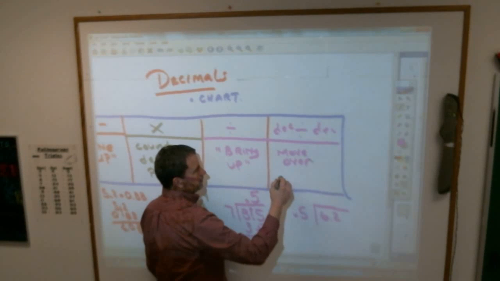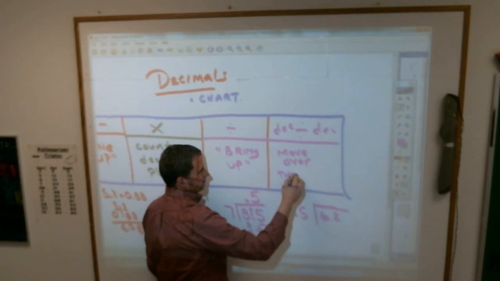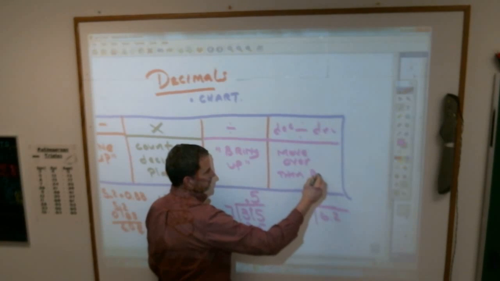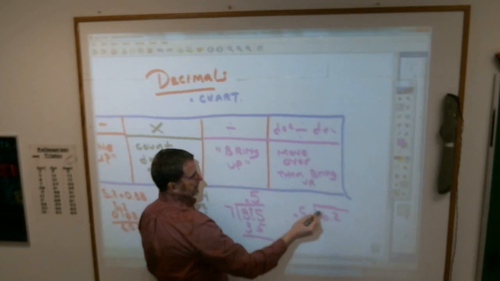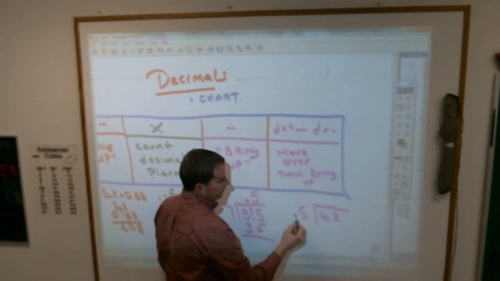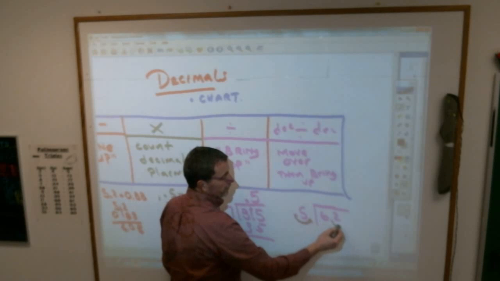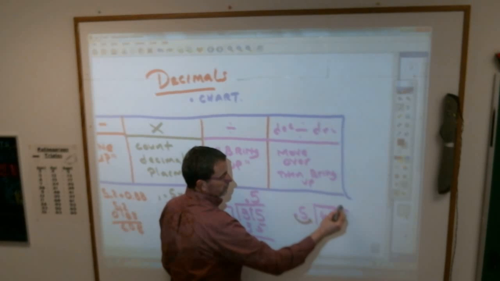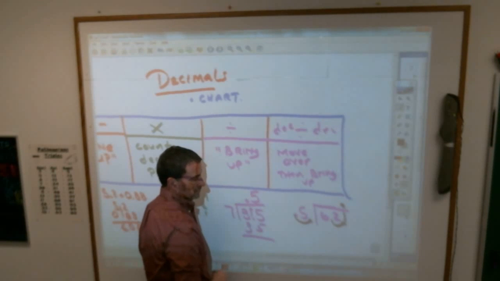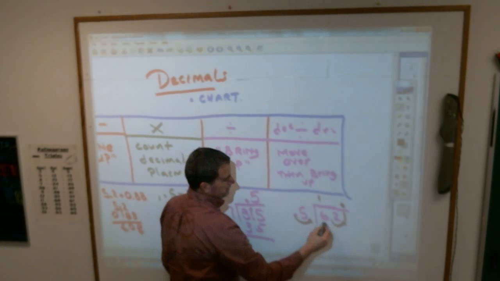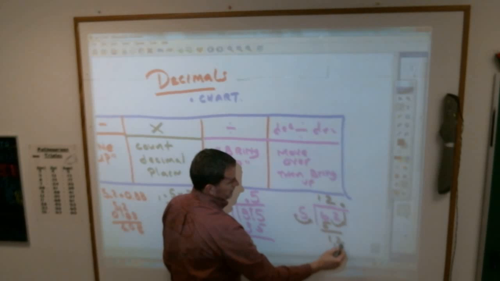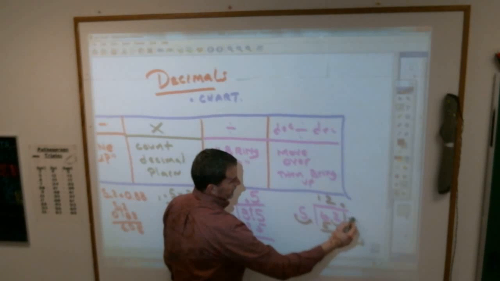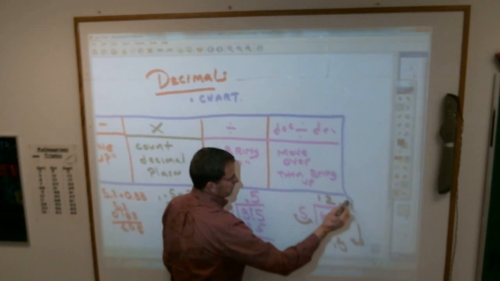The key is to move over, then bring up. You move this decimal over, move the other one over the same number of places, and then bring it up. 5 goes into 6 once, 5 goes into 12 twice, and 5 goes into the next, you keep adding zeros till it works out, 4 times.